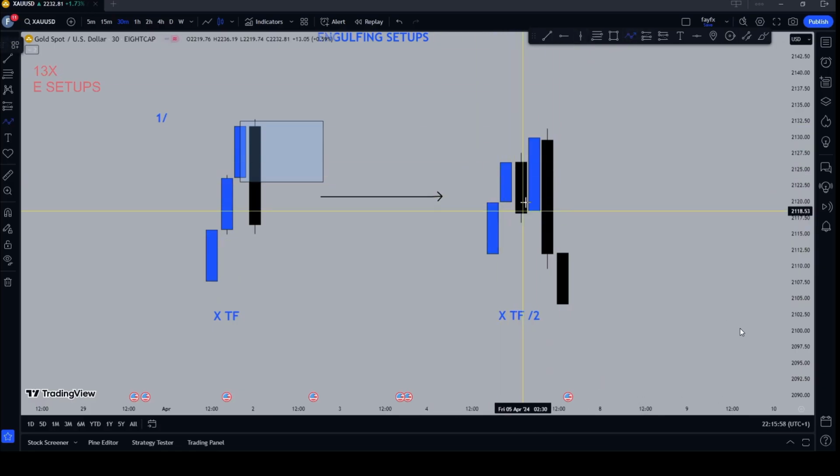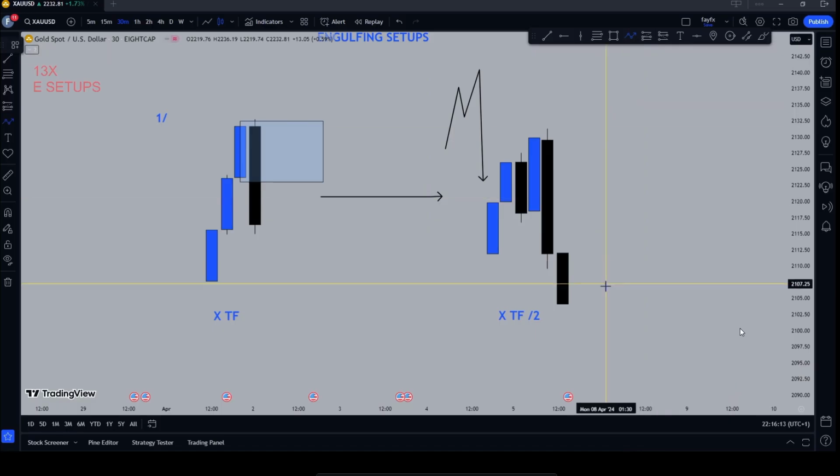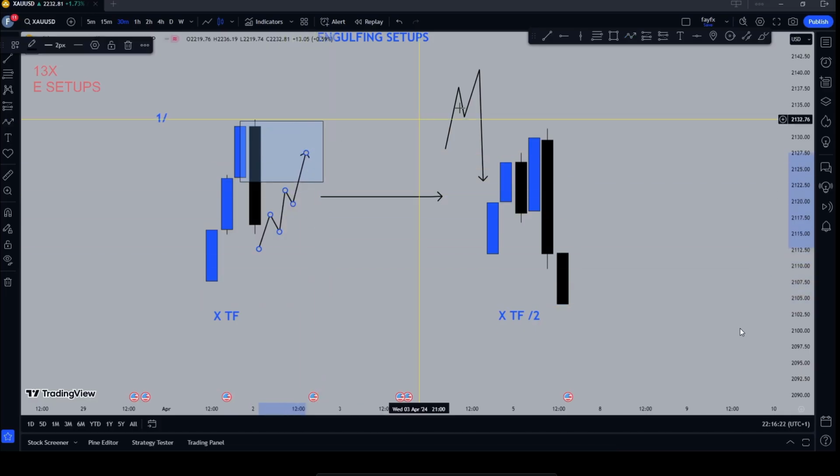We have here a QM. What's that? Price in this case tends to do something like that. Here we go. Goes up to touch this area and goes down.